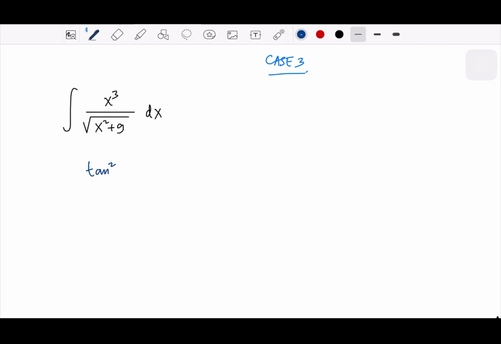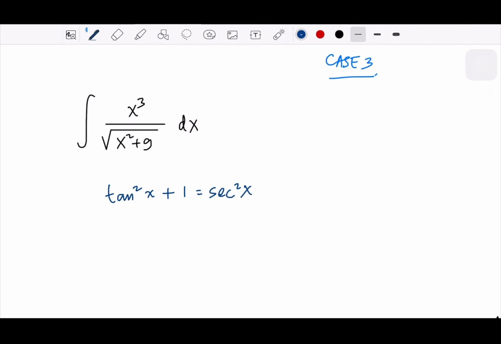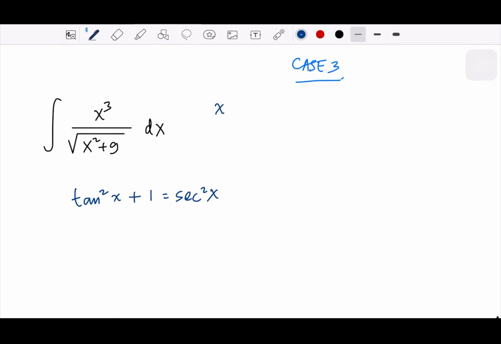Okay, so this will be, well, I can directly write this. So we can take, for this example here, the x as a tangent, okay? Or to be precise, because it has constant 9, we take 3 tangent theta. And then dx is 3 secant squared theta d theta.